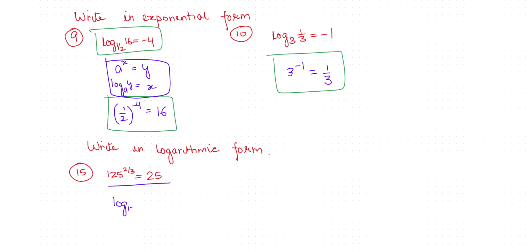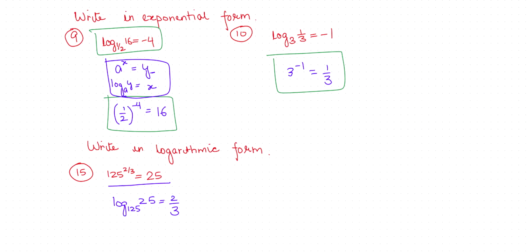Then this is the argument, so we write 25, and this is the output. So we say this as log base 125 of 25.